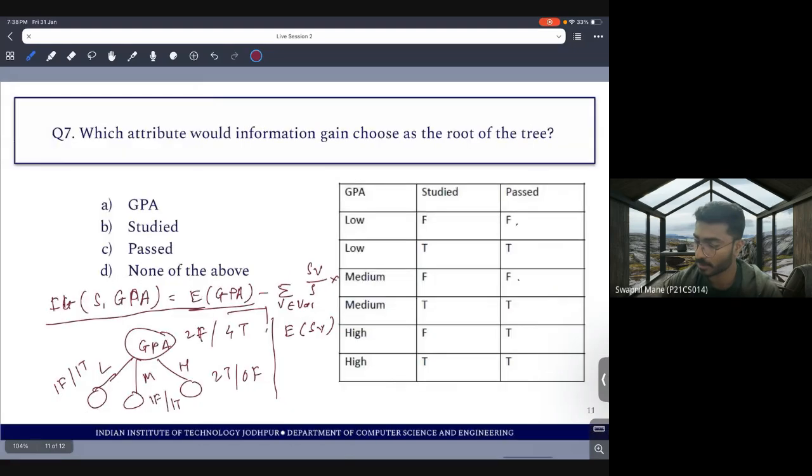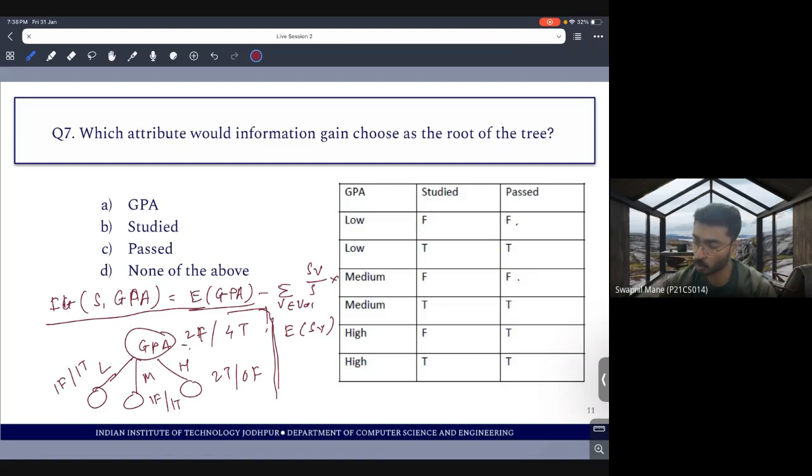So here we have split GPA into three categories, right? I think it is clear, it is not that confusing. GPA has these category values.